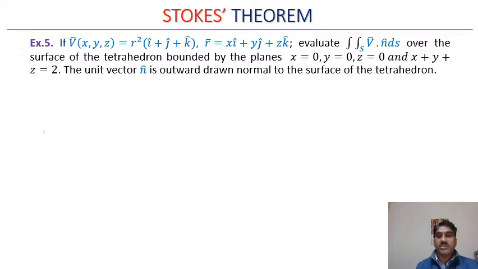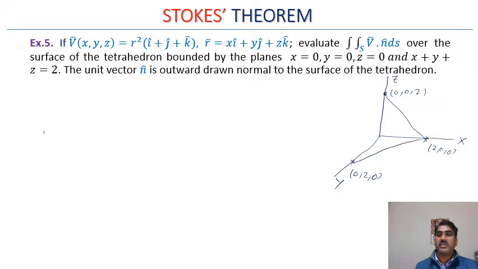So let us first draw how this tetrahedron looks. If this is the x-axis, this is the y-axis, and this is the z-axis, the plane x plus y plus z equal to 2 intersects x at (2,0,0), y at (0,2,0), and z at (0,0,2), meaning two length on each of the axes.